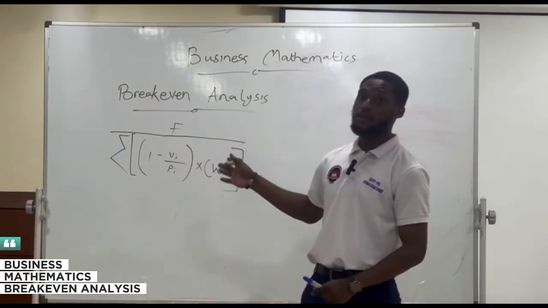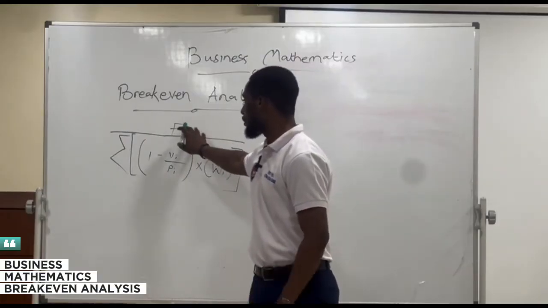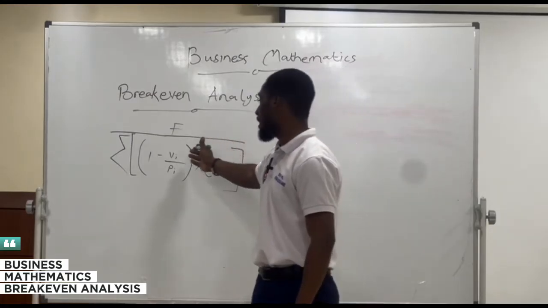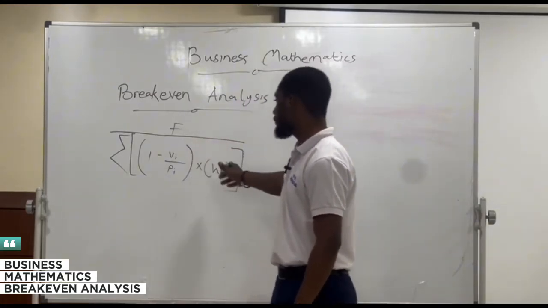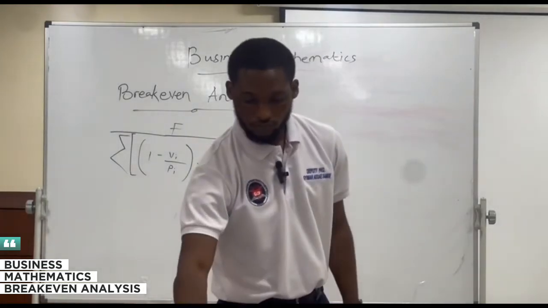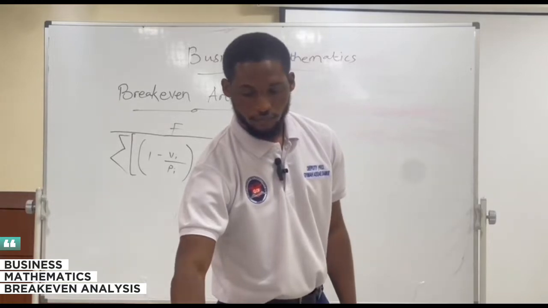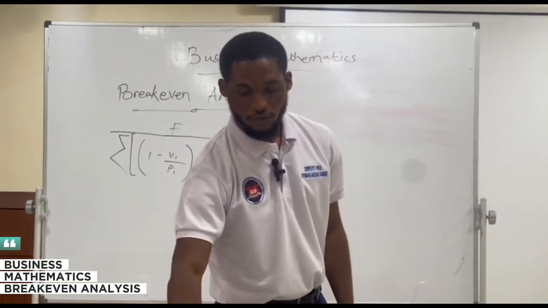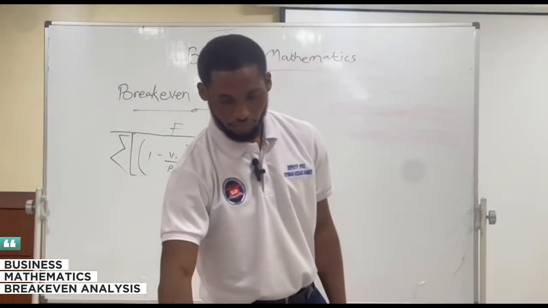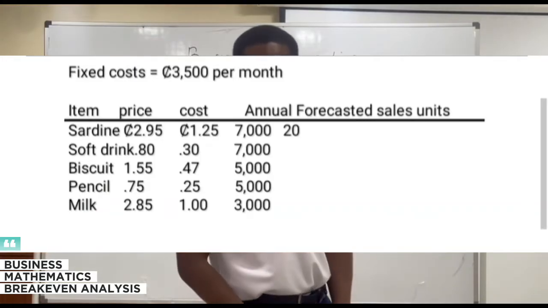As I had already explained, what the F stands for, what the V stands for, what the I stands for, and the W. It has been explained. So now we move on to an example.